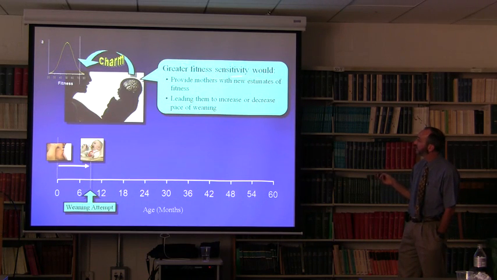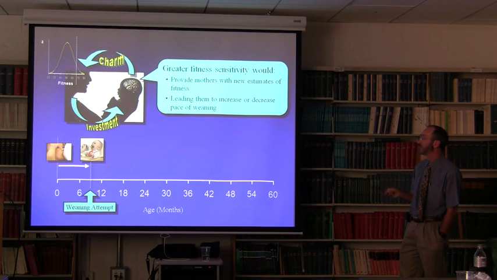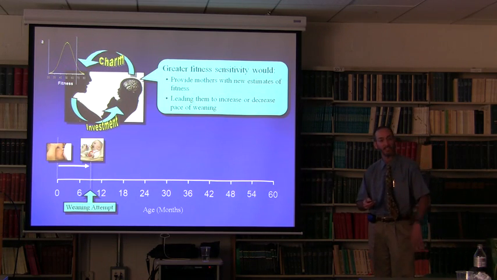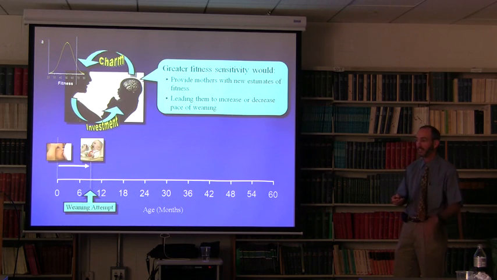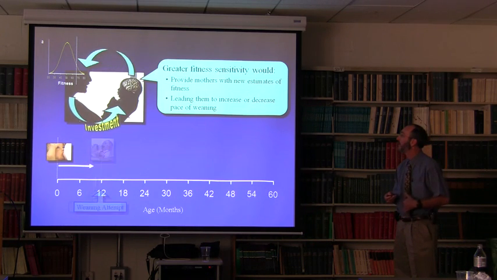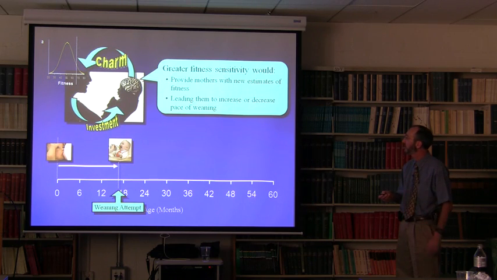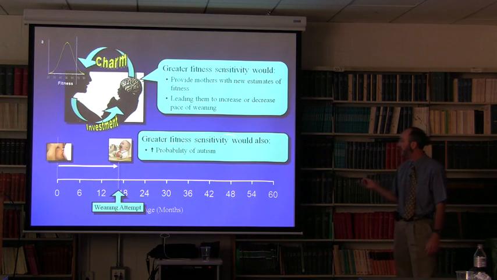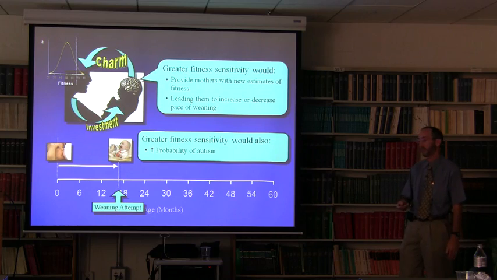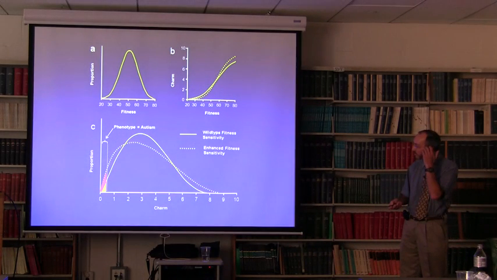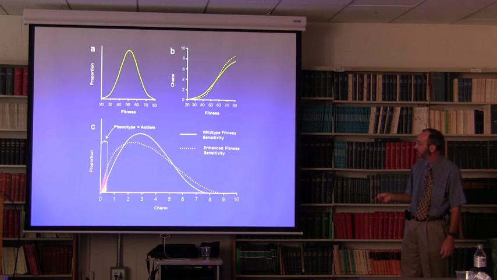This greater fitness sensitivity would provide mothers with new estimates of fitness, leading them to increase or decrease the pace of weaning depending on what they just learned, not at a cognitive level, with brain growth proceeding. And this greater fitness sensitivity would also increase the probability of autism, as I've argued before, because the effect of weaning earlier is to increase fitness sensitivity, putting more individuals into the autism range.